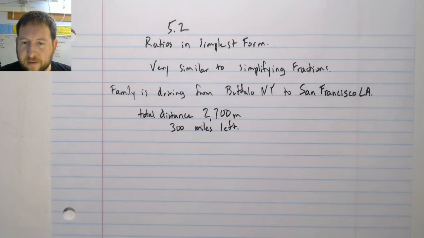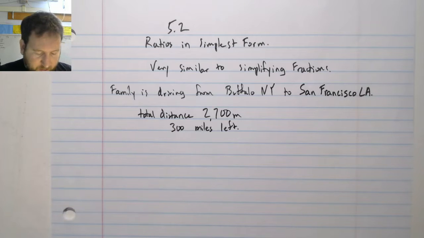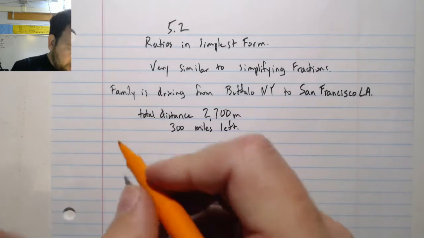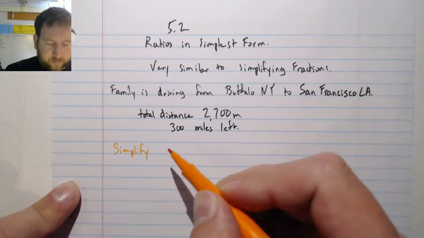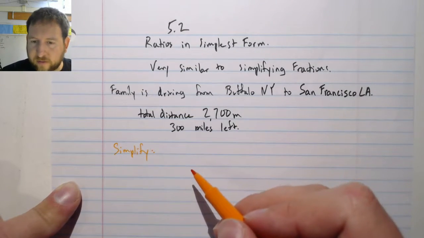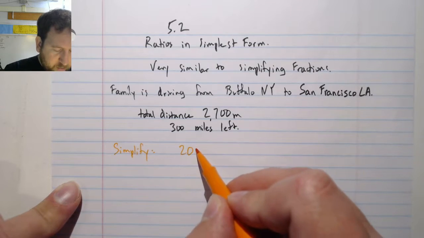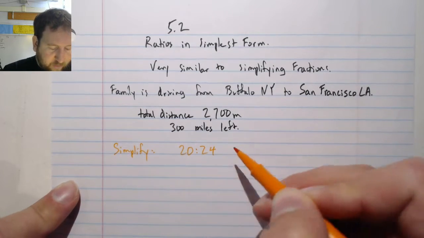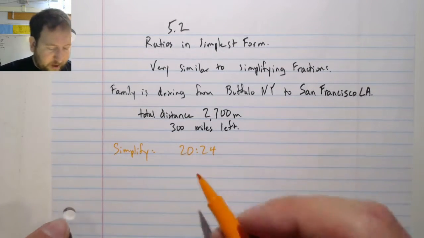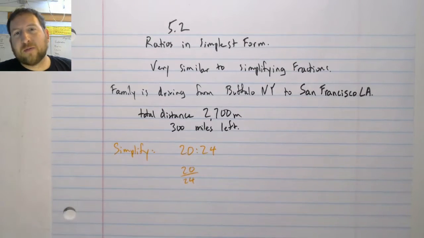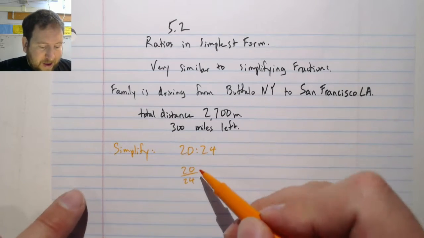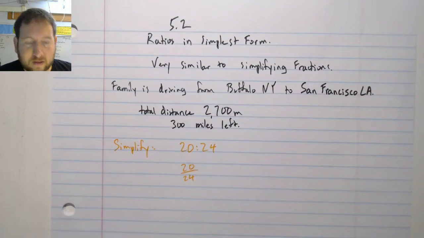So if I have a ratio, for example, that looks like this. Let's see. Simplify. All I'm going to do is take my ratio of, say, 20 to 24ths, and write it as a fraction, 20 24ths, and then find my lowest common denominator, and just divide by things until I can't anymore.